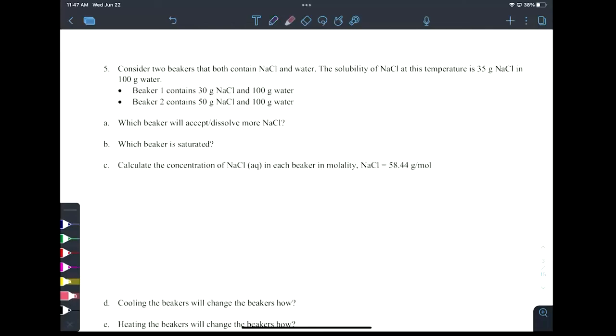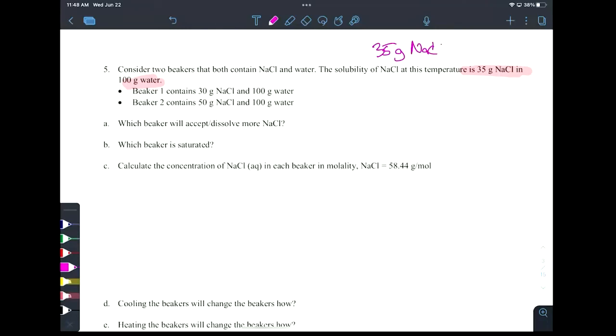So based upon that solubility, 35 grams of NaCl in 100 grams of water, if I have 100 grams of water, what's the maximum amount of salt I can dissolve? 35. If I have 200 grams of water, what's the maximum amount of salt I can dissolve?